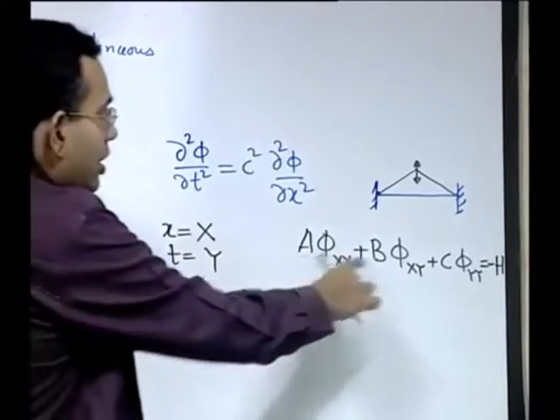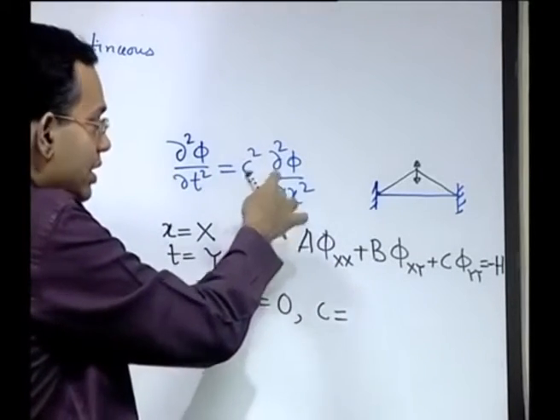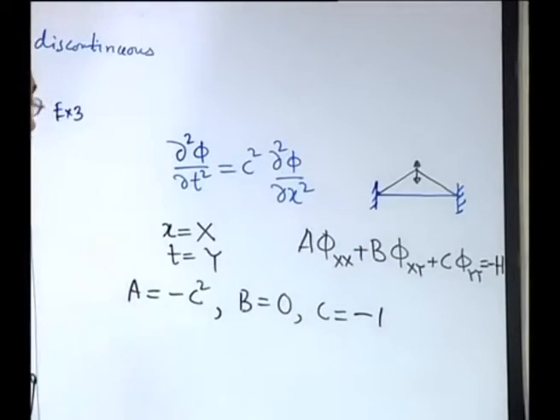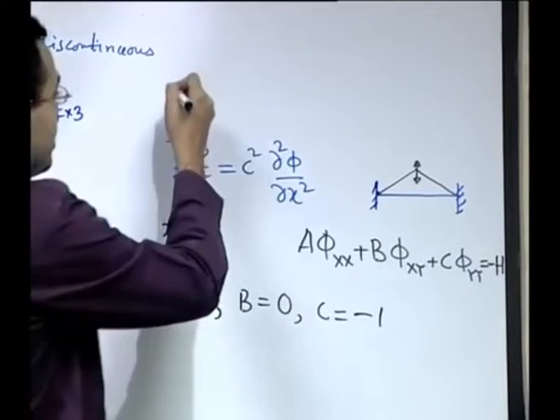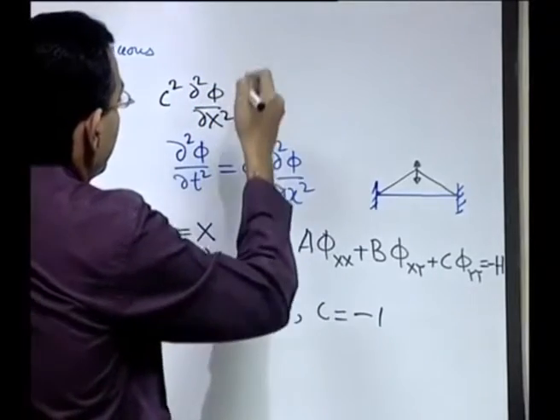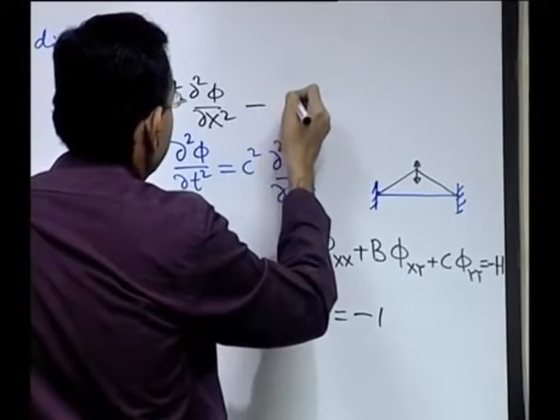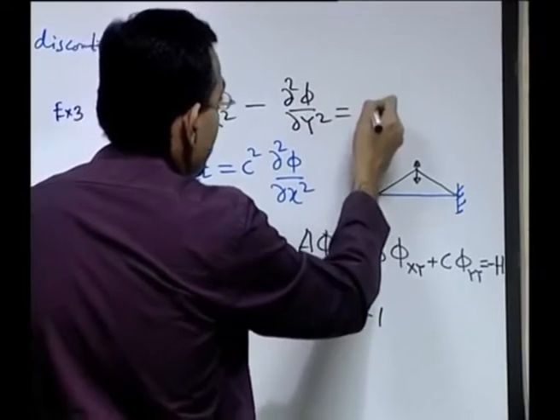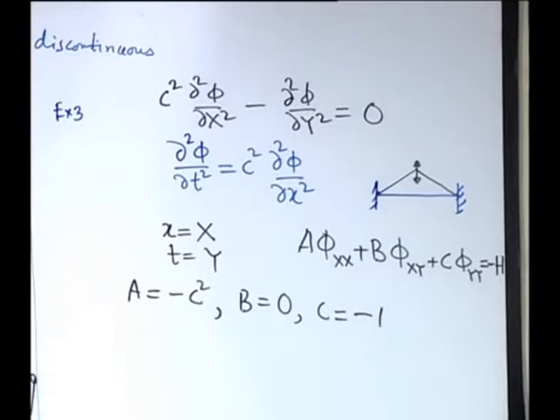No, you have to bring all these terms to one side, so it is not 1, it is minus 1. No, c square, this one, minus... this is equal to 0, that is the equation. Okay, A equal to plus c square and C equal to minus 1.